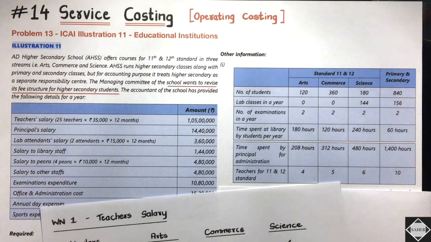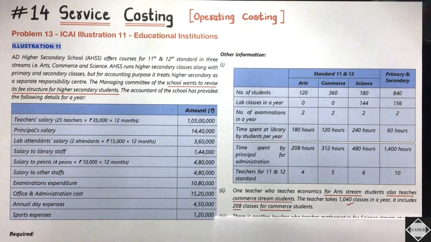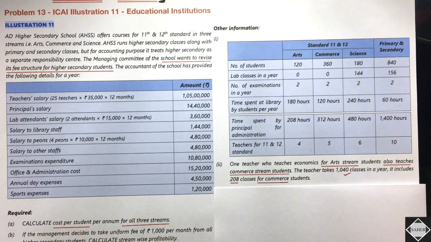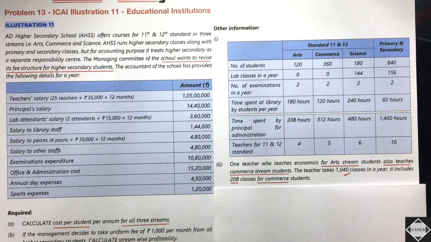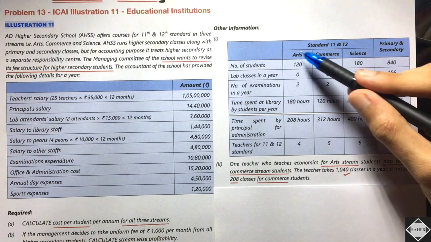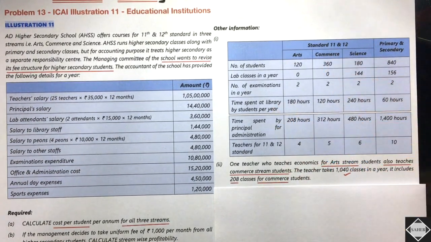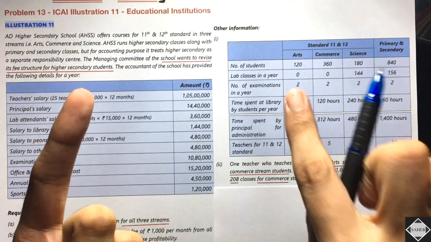Let's pause this first working note and read the adjustment now. What is the adjustment? See the first adjustment. One teacher who teaches economics belongs to the art stream, understand properly. Among these 4 teachers, there is one economics teacher who belongs to the art stream.